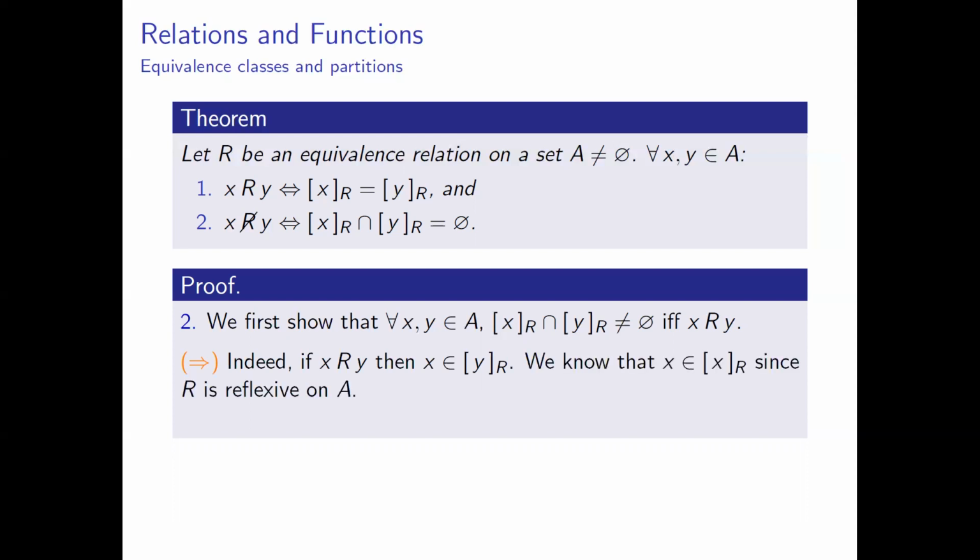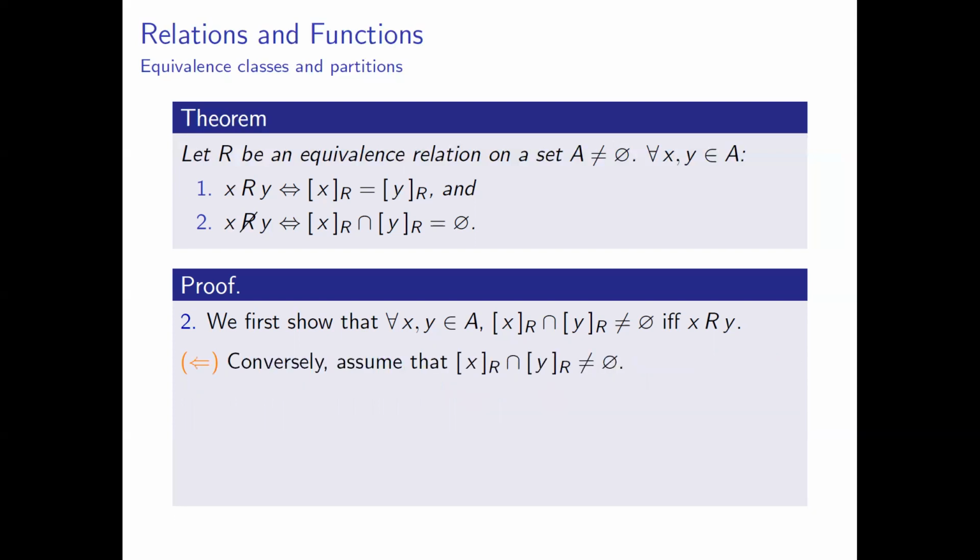We know that x is an element of its own equivalence class since R is reflexive on A. So x is an element of the intersection of the equivalence class of x and the equivalence class of y. And thus, the equivalence class of x and the equivalence class of y are not disjoint.